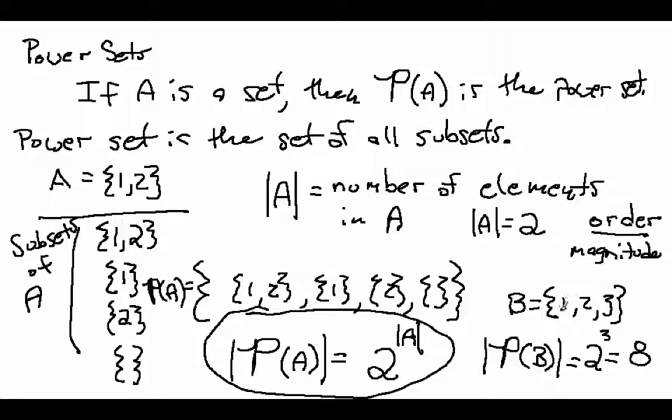Okay, I have a set over here with 3 elements in it. Its power set is going to have 8 elements in it. And I leave it as a homework exercise for you to list all 8 of the subsets of B.